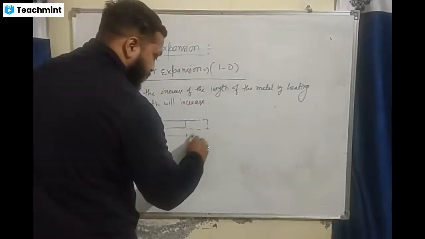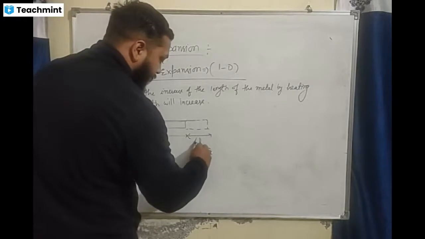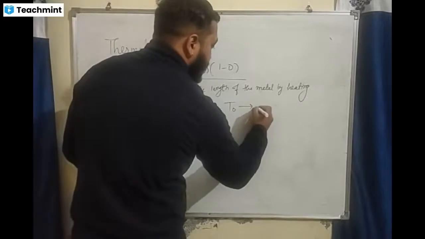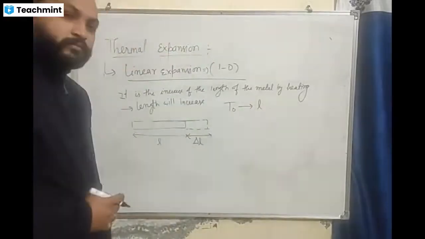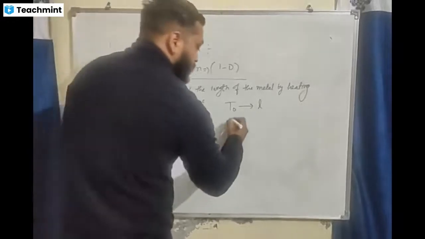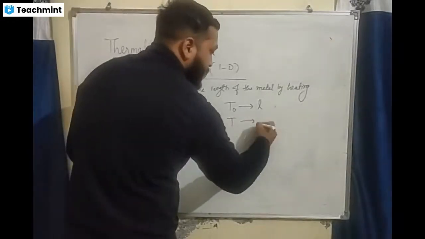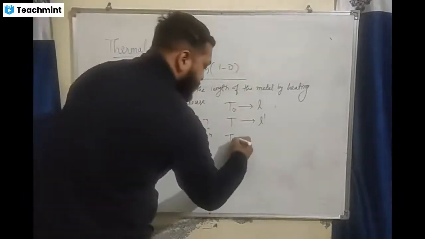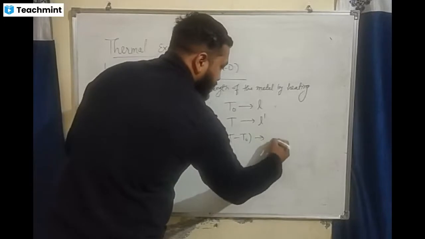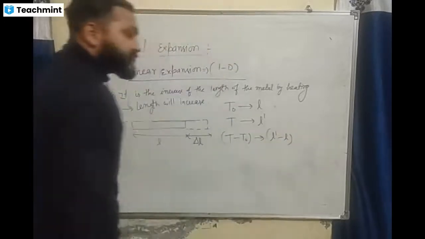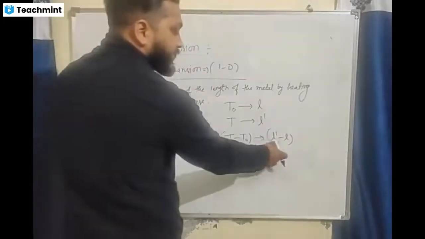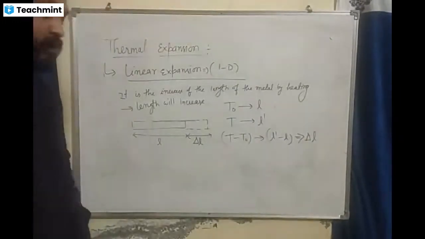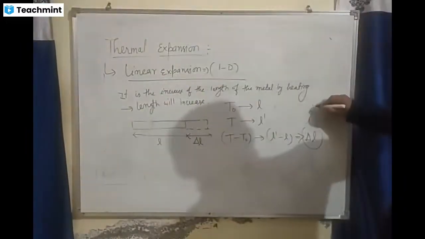So initially, at temperature T naught, the length of the rod is L. After the temperature becomes T, its length becomes L dash. So during this change in temperature, T minus T naught, there is a change in the length. We can say it is either L dash minus L, or delta L. So this delta L is the change in length.